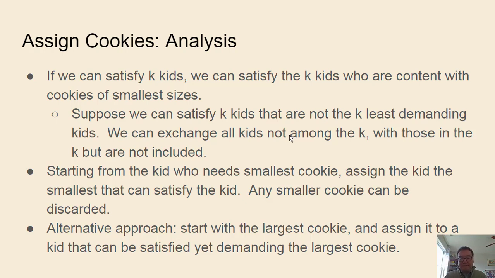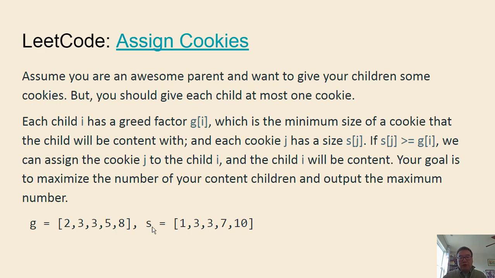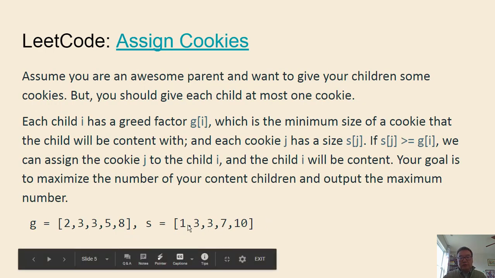And then we start from the kid who needs the smallest cookie. Then we also process the cookies in sorted order. For example, we look at the first cookie. We're trying to satisfy the kids from the smallest first, because of the exchange argument.